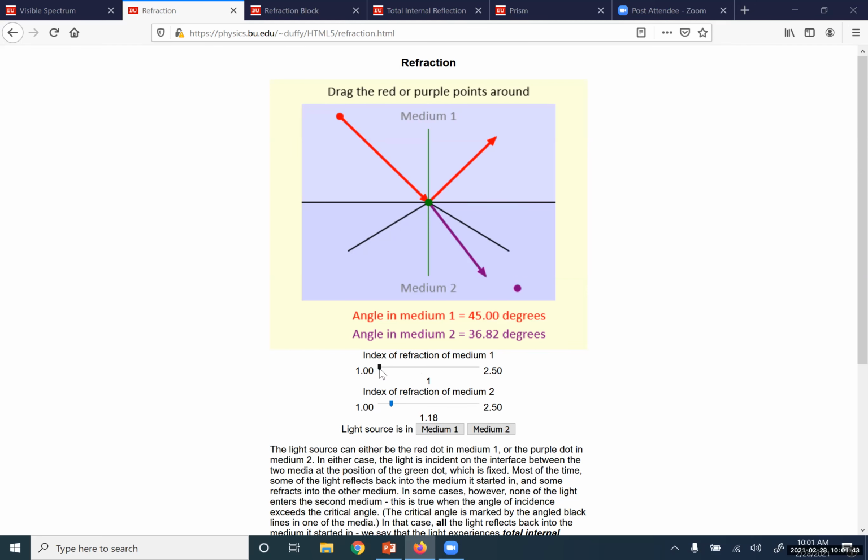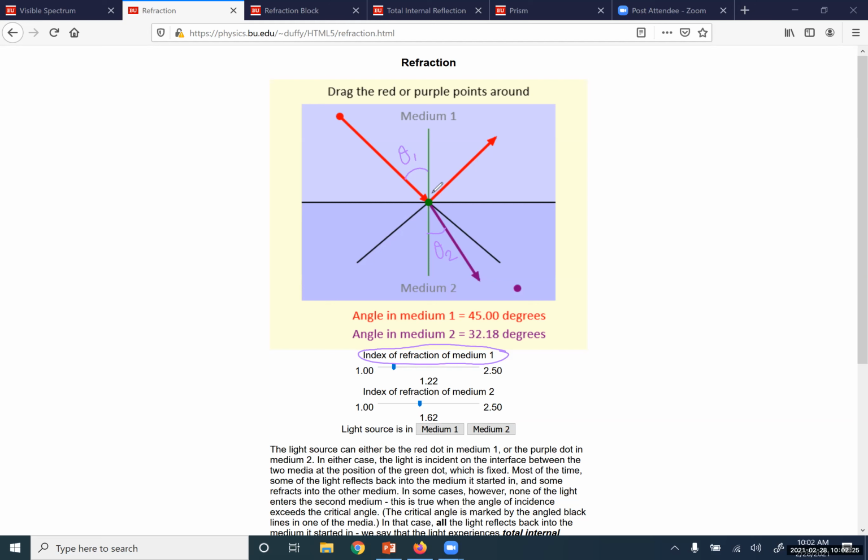If you change the refractive index of medium 1 and 2, say for example, I'm changing the refractive index, you can see that this angle theta 1 and this angle theta 2, the angle of incidence and the angle of refraction, change with respect to the refractive index of medium 1 and the refractive index of medium 2.